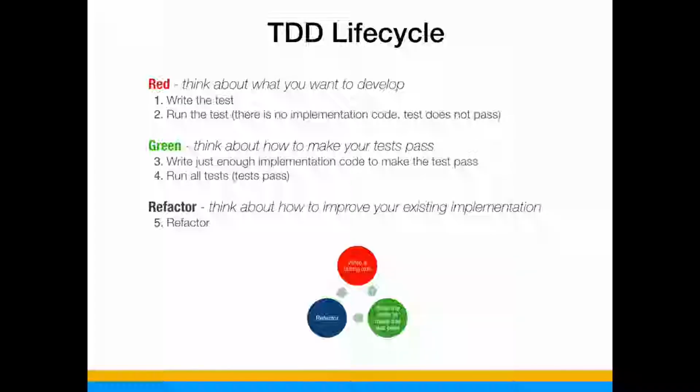And then you have the refactor cycle, where you go in and improve so that you can write another test, and so on, until you have much better code than you would have had if you had just written it.